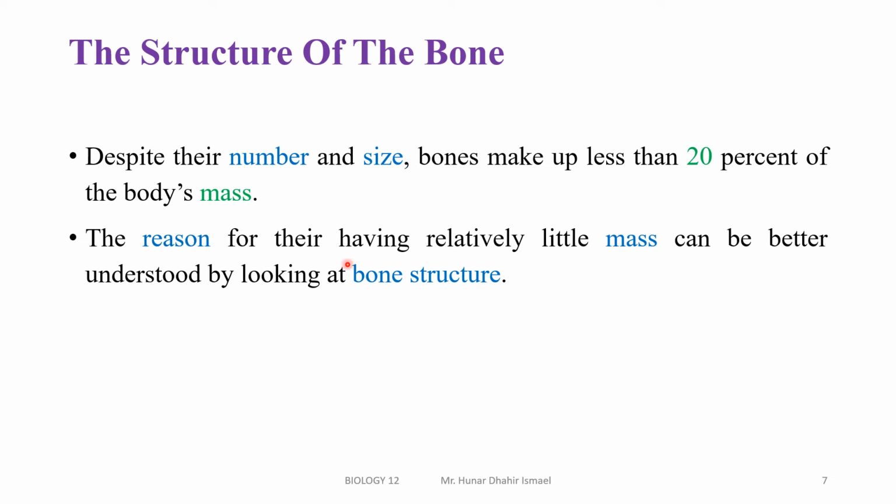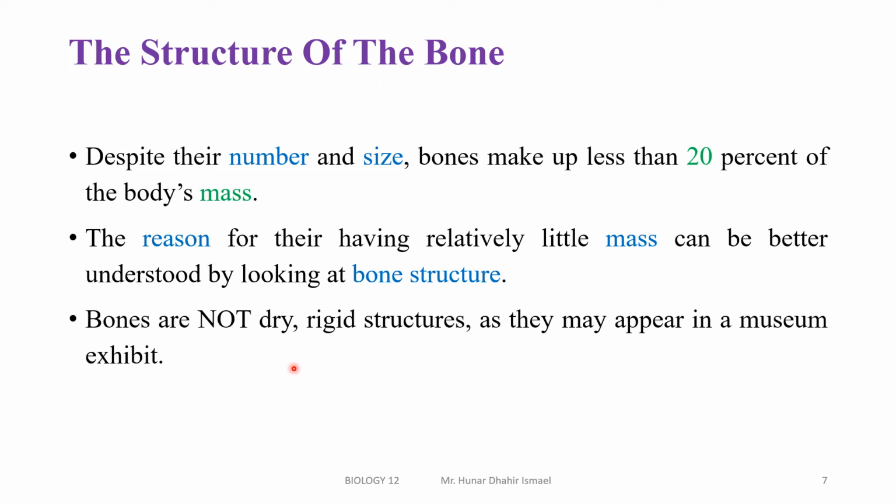The reason for their having relatively little mass can be better understood by looking at bone structure. Bones are not dry, rigid structures as they may appear in a museum exhibit. They are moist, living tissue.